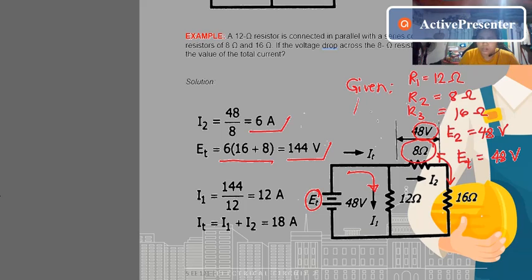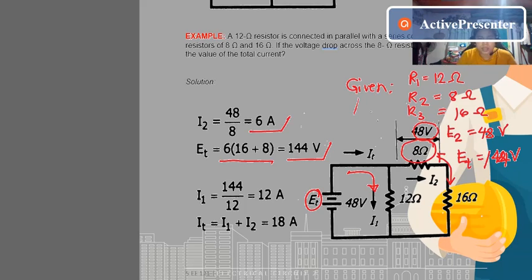So therefore, ang atuang total voltage ang bag-o nato. So 144 volts na siya.